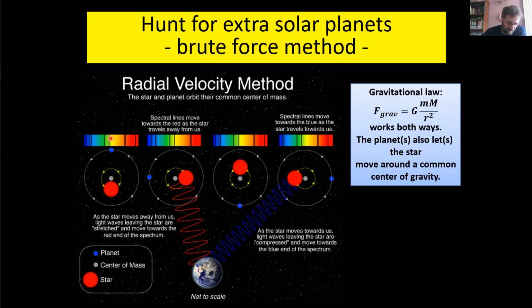So if we have a planet, here the blue thing, and the star, then they basically dance around this common center of gravity. If the planet moves here, the star needs to move a bit in the other direction. That means the star is wobbling a bit.